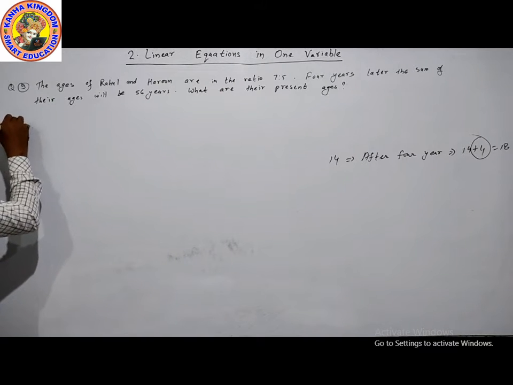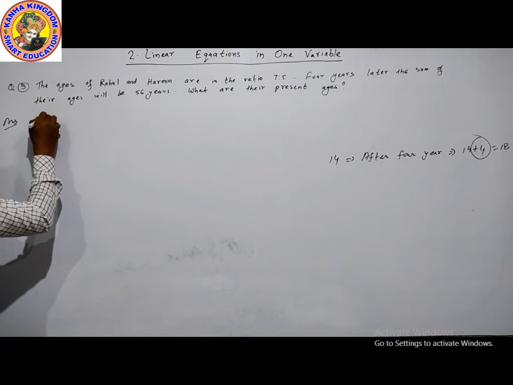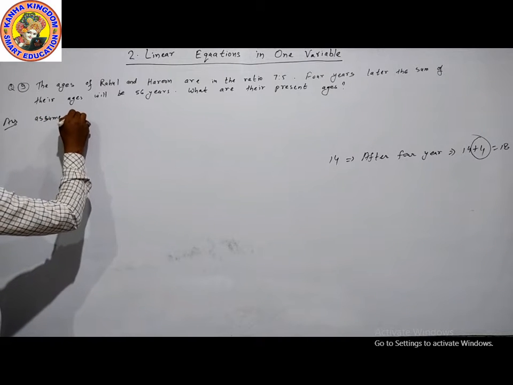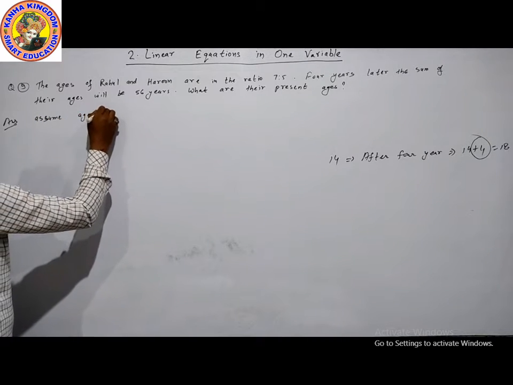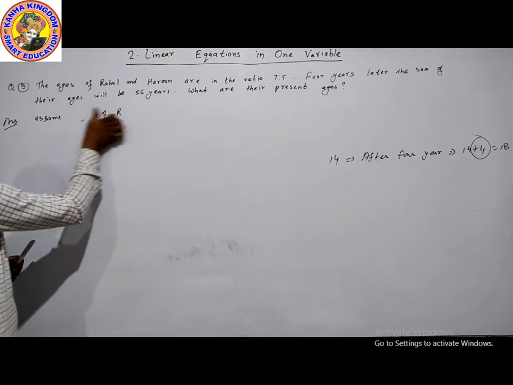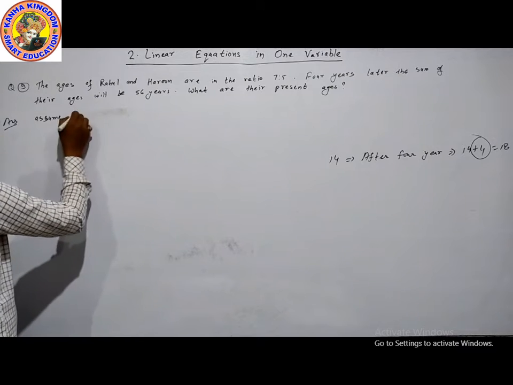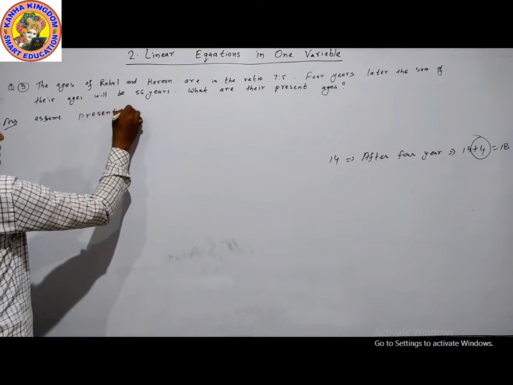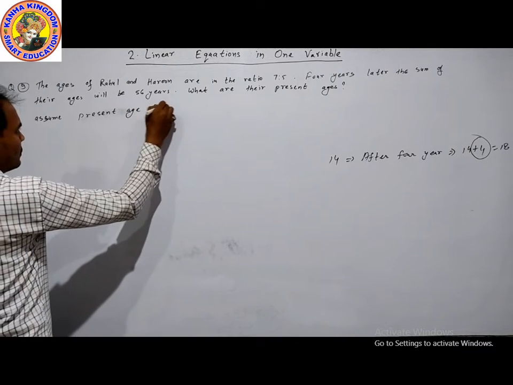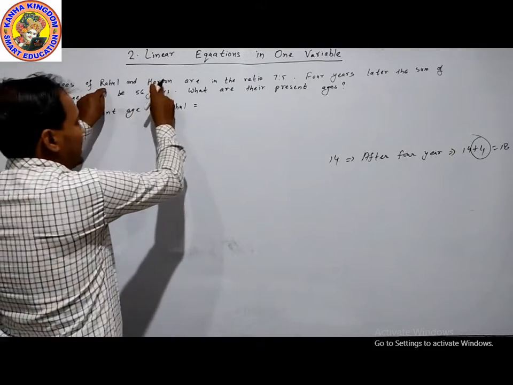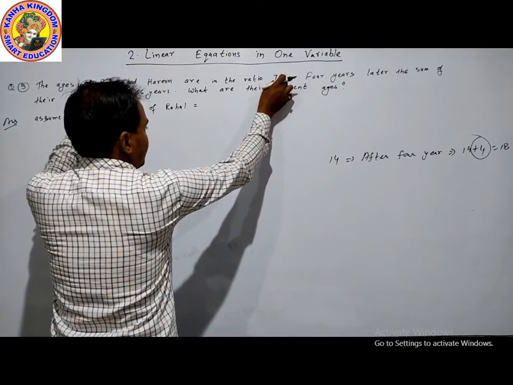Answer: assume the present age of Rahul. The present ages of Rahul and Harun are in the ratio 7:5.